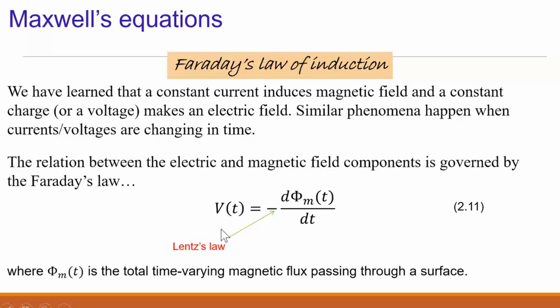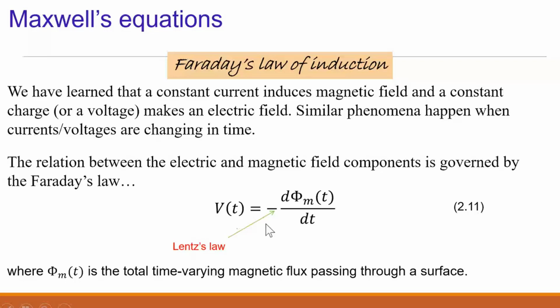EMF, or voltage, is equal to minus d phi m by dt. This law was first stated by Lenz, so it is also known as Lenz's law. The minus sign indicates that the EMF induced opposes the cause of producing it. So EMF opposes the rate of change of flux, and the negative sign comes here.